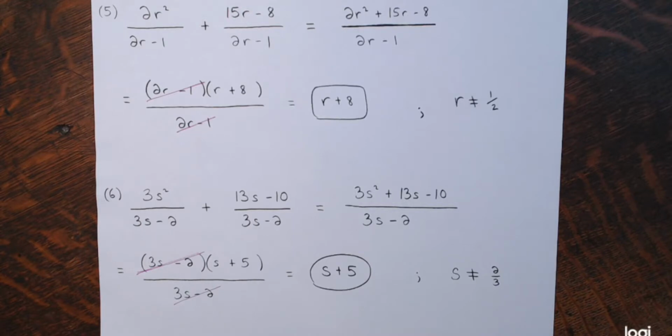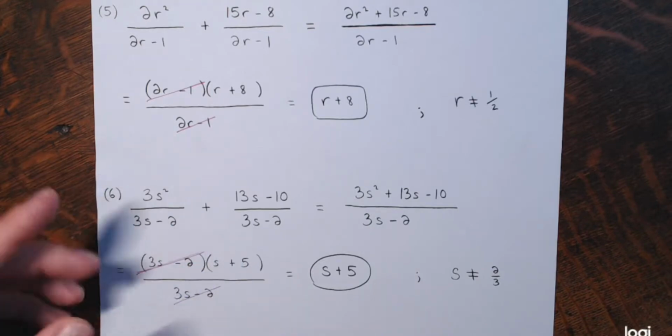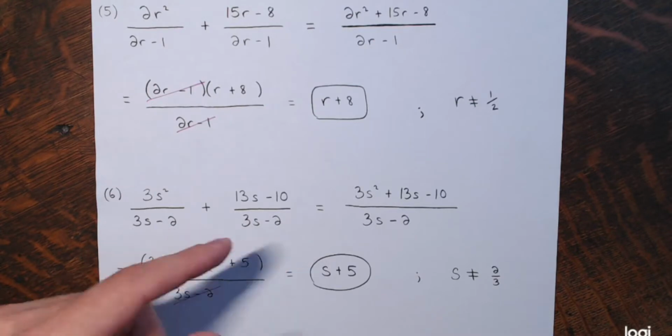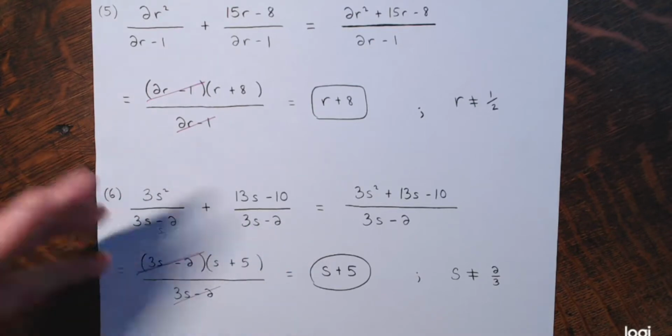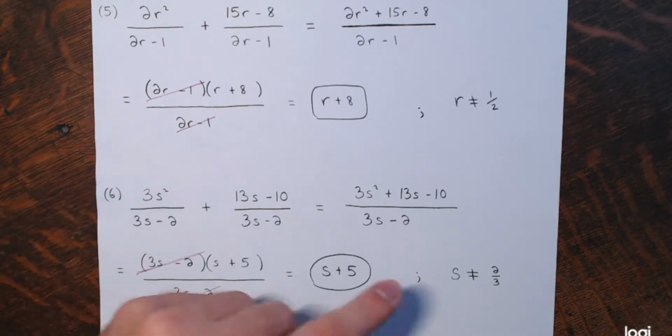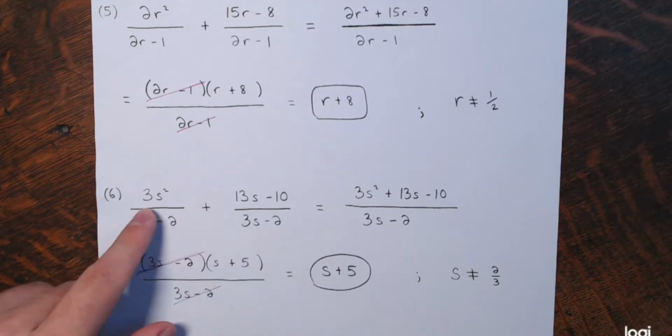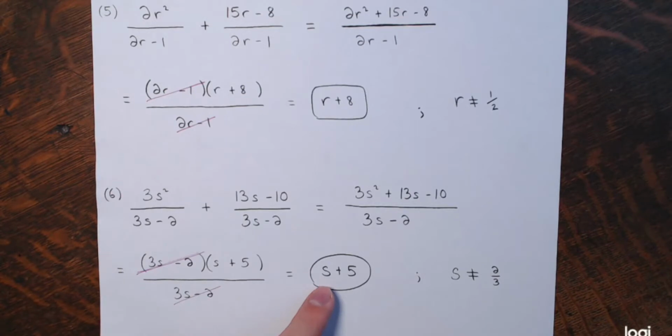You're dividing by 0, and that's bad. But for any other value of s, go ahead and check it. Replace s with 0, with a half, with 3/4, whatever, 500, whatever you want, as long as it's not 2/3. And the value of the original expression should be exactly the same as the value of s plus 5. And I'll leave it to you to check a few values if you wish.